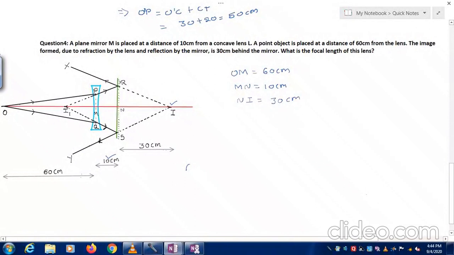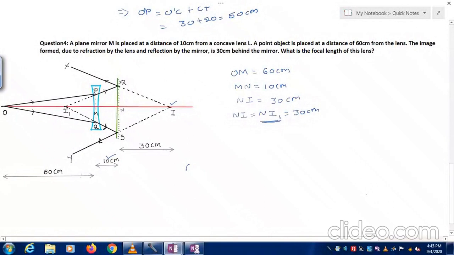As NI is equal to 30 centimeter, NI1 is equal to 30 centimeter, because NI1 is the object distance for the mirror, as the image distance must be equal to object distance in case of a mirror. So NI1 must be 30 centimeter.